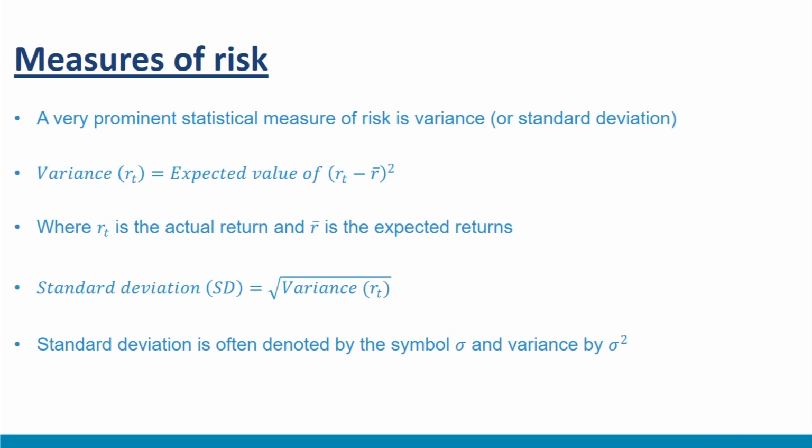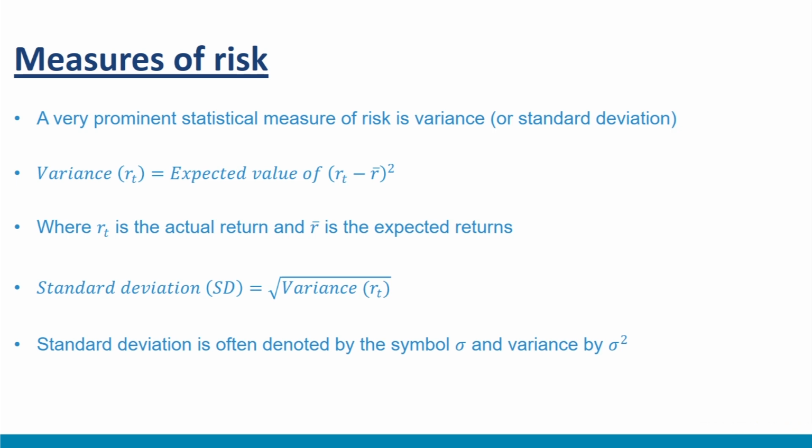Measures of risk. In this video, we'll discuss the empirical estimation of variance or standard deviation as a measure of risk. A very prominent statistical measure of risk is variance or standard deviation. Put simply, variance of return is the expected squared deviation from the expected returns as shown here.